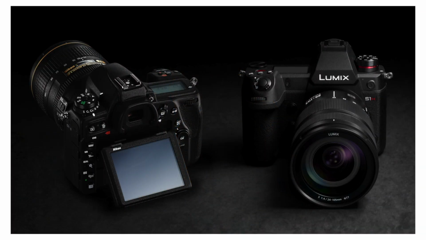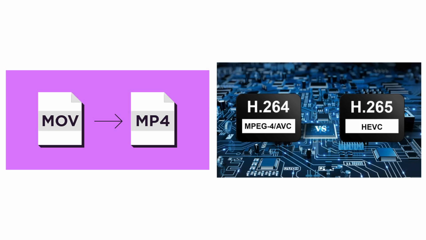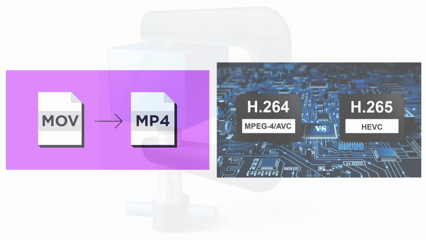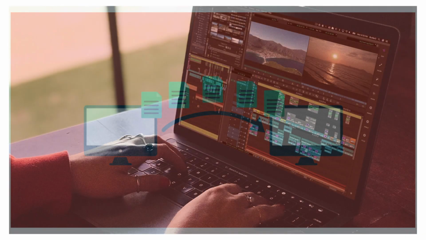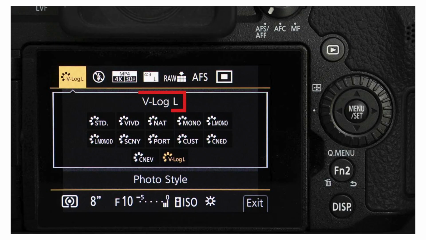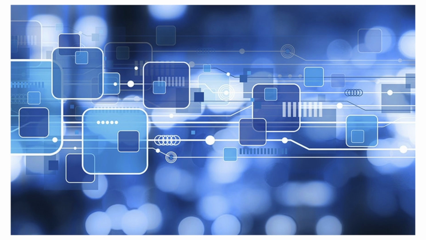Most modern DSLR and mirrorless cameras will shoot to a .mov or .mp4 file in either H.264 or H.265. These are highly compressed video files designed for delivery rather than editing. Shooting log does not change the amount of information that is written to the card, just the type of information.